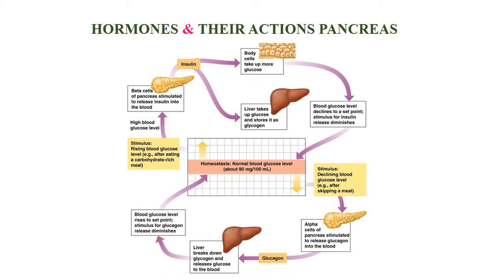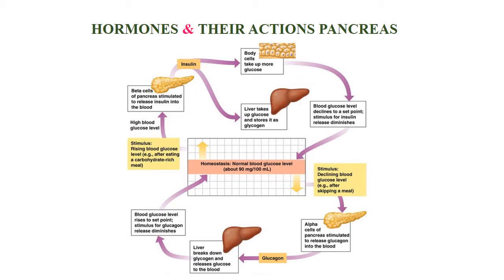It acts majorly on the liver cells, the hepatic cells, to take up glucose, which is converted into the polysaccharide form, that is animal starch, glycogen. This will serve as a reserve food material, reserve carbohydrate.